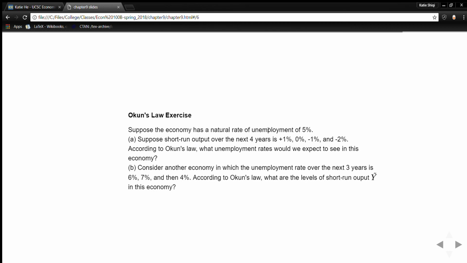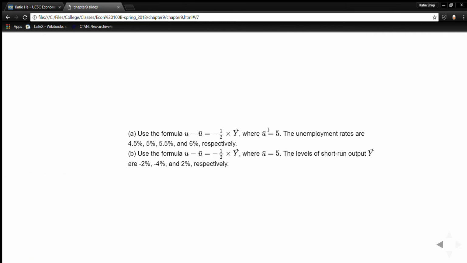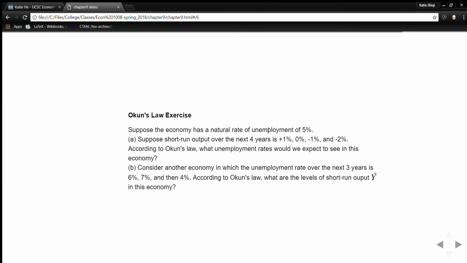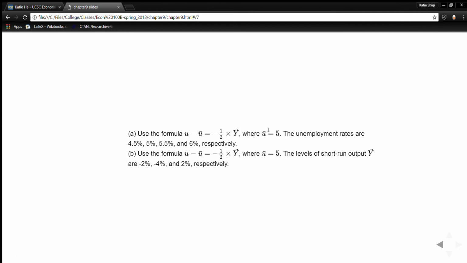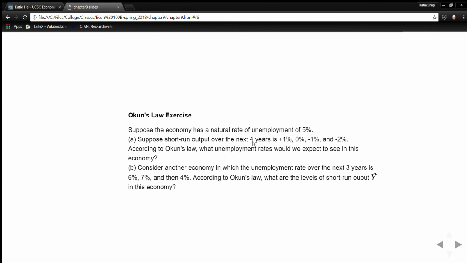Okay, so we're given u bar in this example, because u bar is the natural rate of unemployment and u bar is 5%. And we're given y tilde and we're trying to solve for u. So we can just plug the numbers into the formula. So we'll have u minus 5% is equal to -1/2 times y tilde, and we can just plug in what y tilde is for the next 4 years.